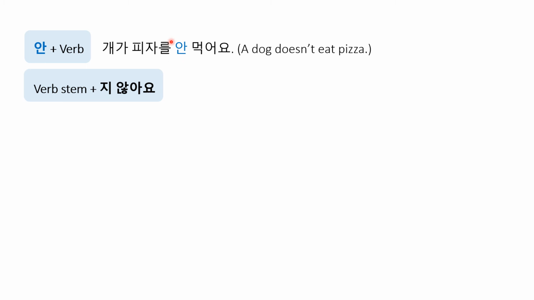If you put 안 before the verb 먹어요, the sentence means a dog doesn't eat pizza. 개가 피자를 안 먹어요.